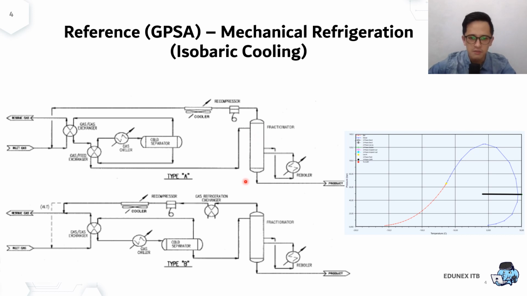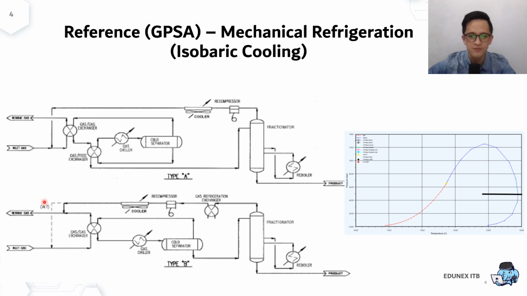So the purpose of this condensate stabilizer is to add heat and then contact the gas and liquid, so that the condensate from the bottom of the condensate stabilizer will be at the required specification, below 12 psia of RVP, while the residue gas will be sent to the top and then recompressed if it's lower than the delivery pressure, and then sent to the residue gas, or even sent to the inlet gas.